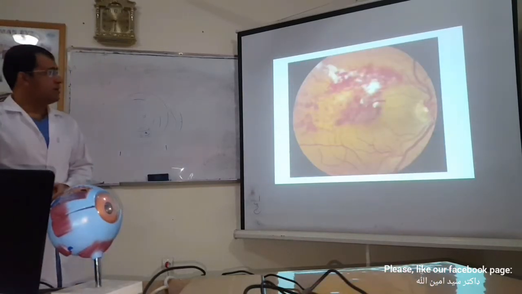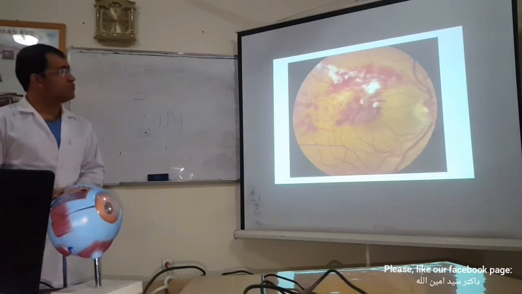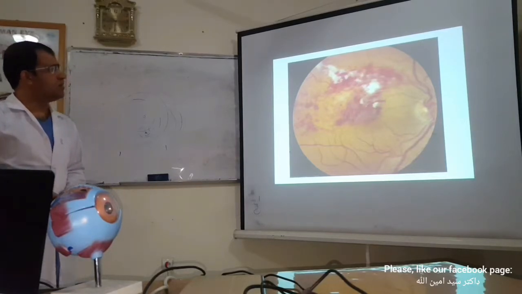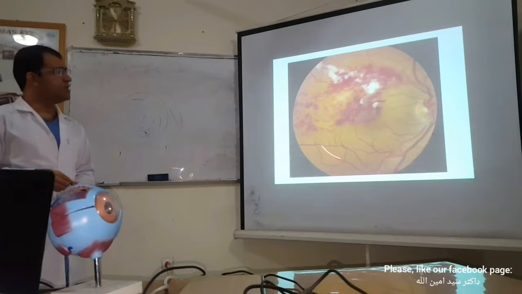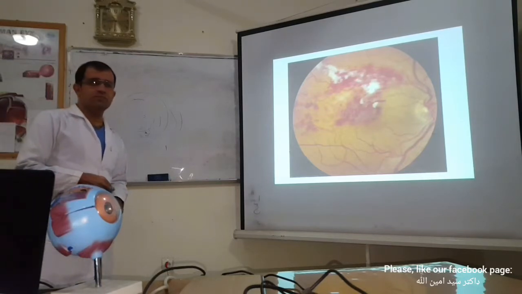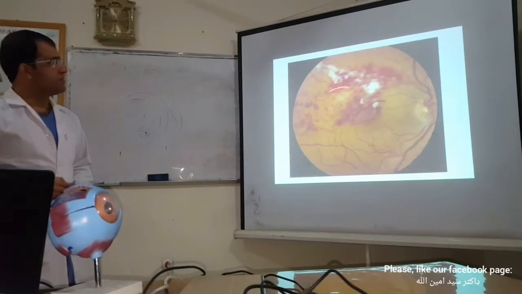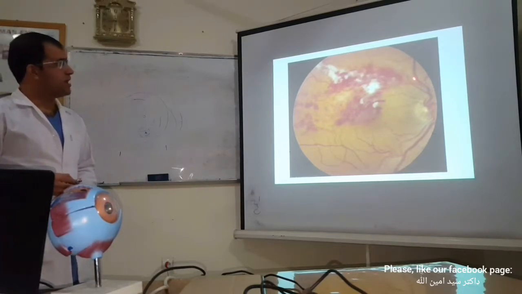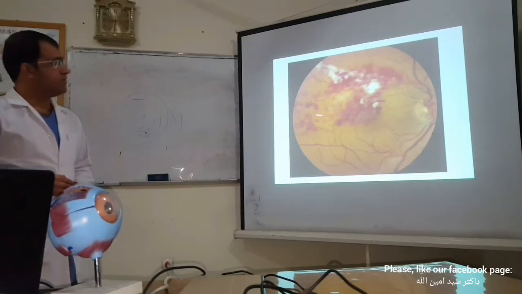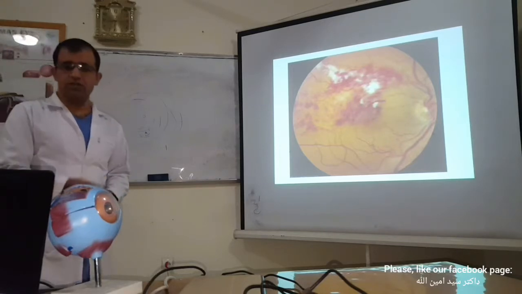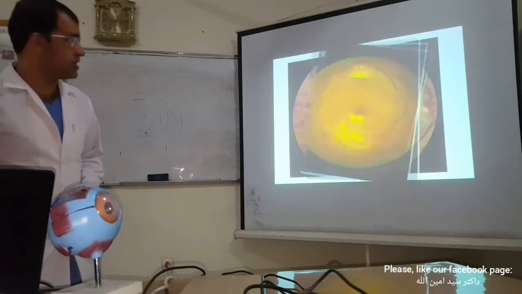Okay, next, branch retinal vein occlusion, or BRVO. You may see something. You are familiar with these ones, BRVO, and you may also, again, draw the flame-shaped hemorrhages. We talked about it before. It is easy for us.